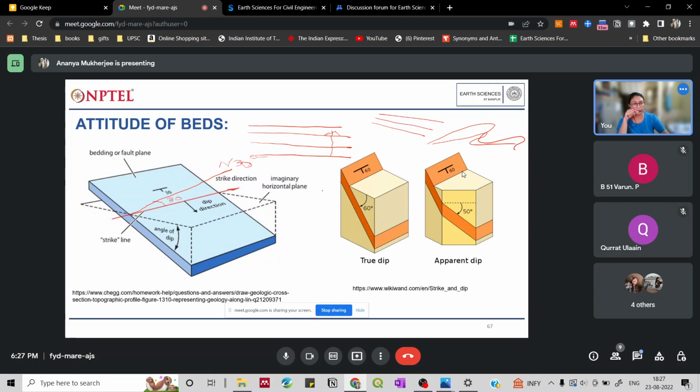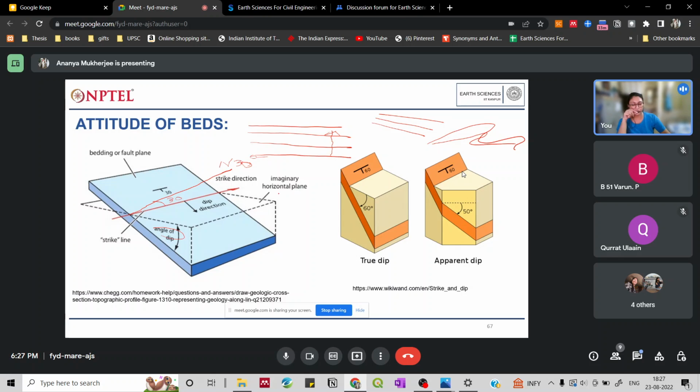Now what is the dip? Dip is the angle measured in the vertical plane from the strike line that we have taken. This strike plane is over here. Now we see how inclined the rock bed is from this plane. This is the angle of dip, or dip angle as we say.